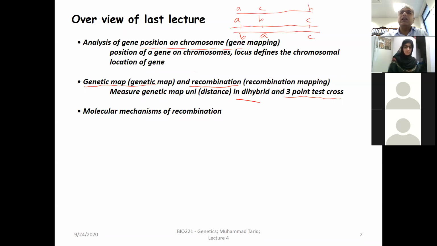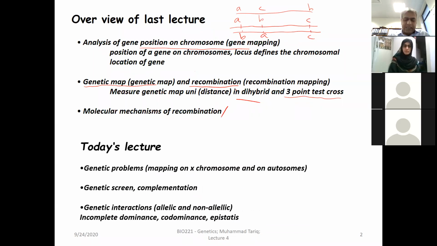We covered a great deal in the last lecture, and we also had assignments given to you separately. Regarding the molecular mechanism of recombination, we said this will be covered in 216 or in separate lectures.